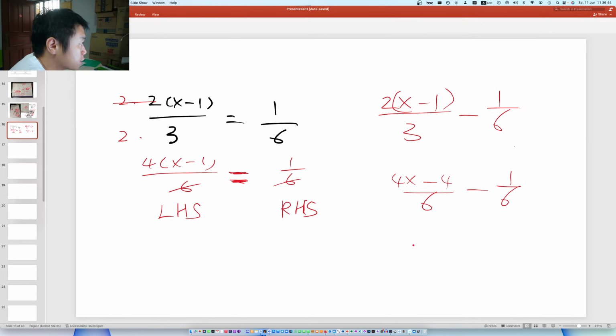So, what's your answer? 4x minus 4 minus bracket 1. That's it. Can I simplify further? I don't know, I'm asking you. You need to give me the simplest form, okay? Cannot. Okay, let's see. Because 1 you cannot simplify. Ha!